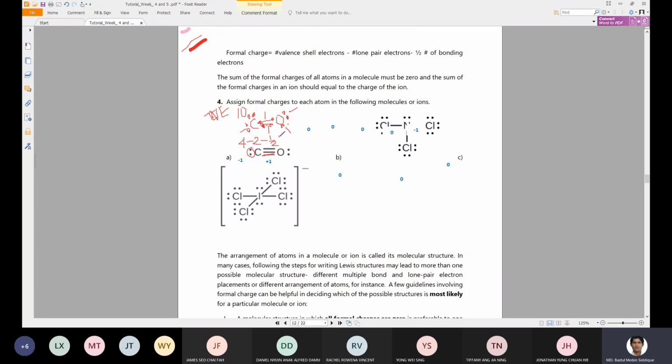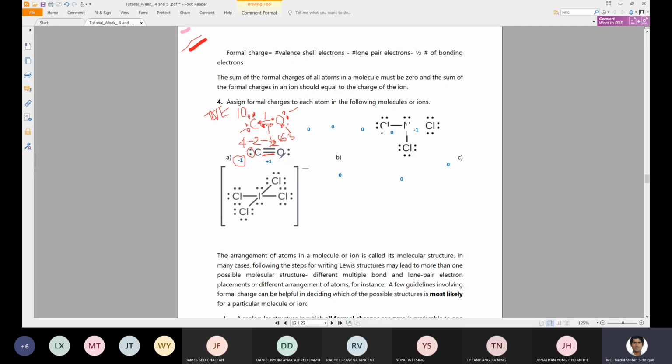The bonding electrons are 1, 2, 3 bonds, that means 6 electrons, and half of 6 is 3. So 3 plus 2 is 5, and 4 minus 5 is minus 1.